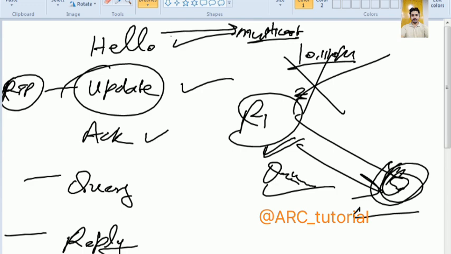Acknowledgement will always be unicasted, because it is given only to the neighbor from which you received the update, query or reply. Query will always be multicasted by default, but if you have configured your neighbor statically, then query will also be unicasted. Reply will always be unicasted.